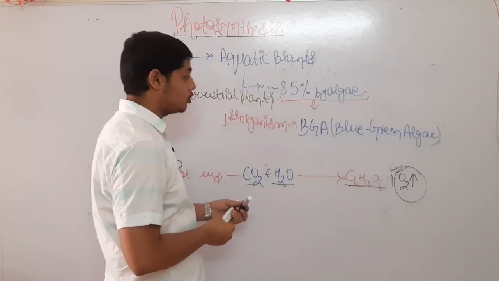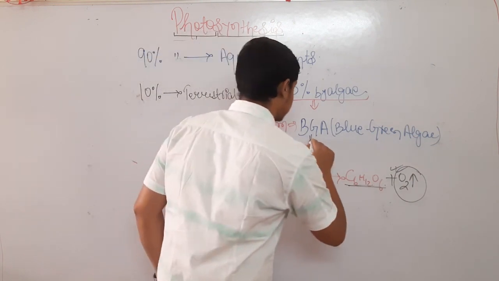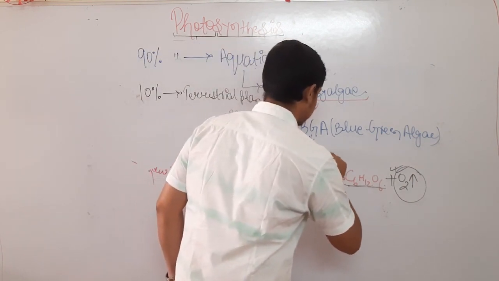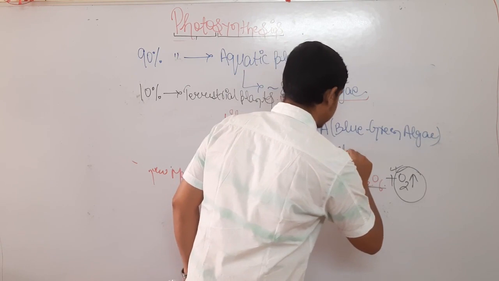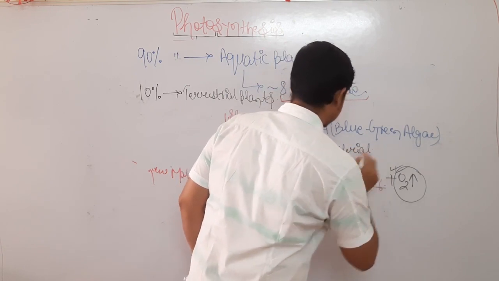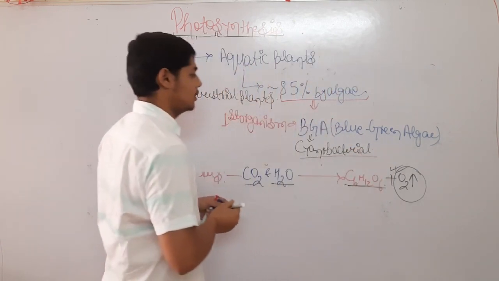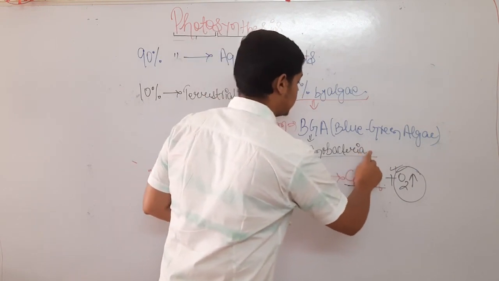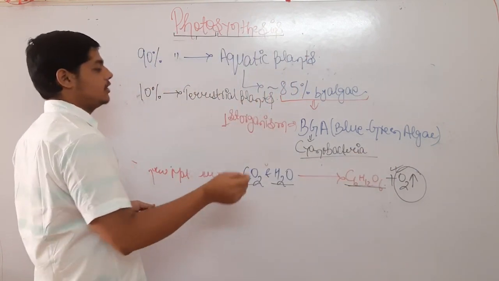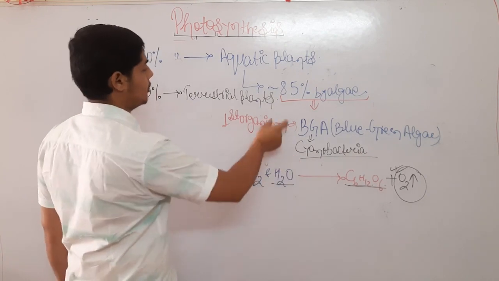It is also named cyanobacteria. We will study cyanobacteria in biological classification, that is your chapter 2. Cyanobacteria is said to be the first organism to perform photosynthesis.